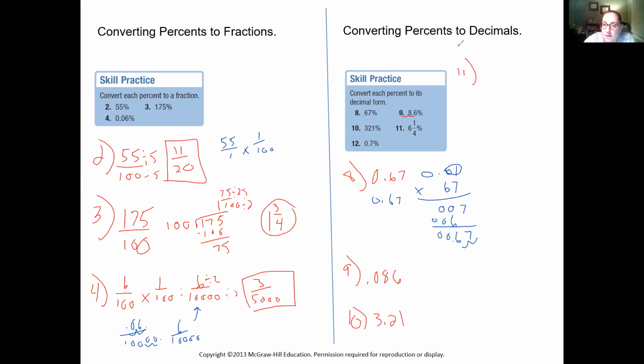Number 11, 6.25%, and then to the left, 0.0625. And number 12, 0.007.